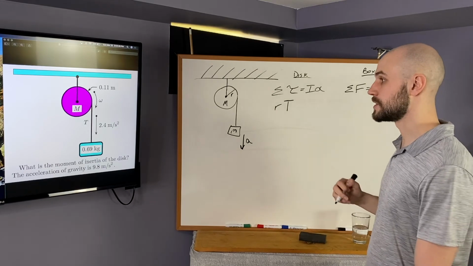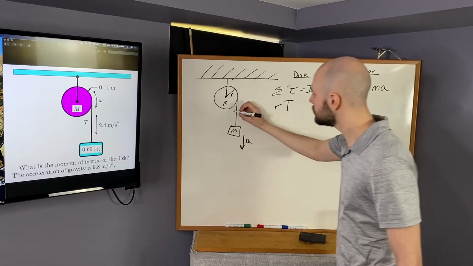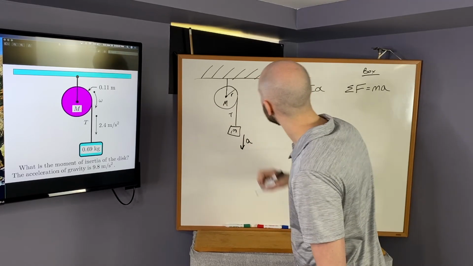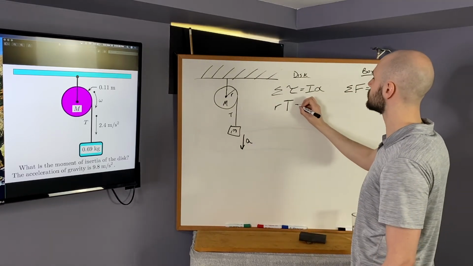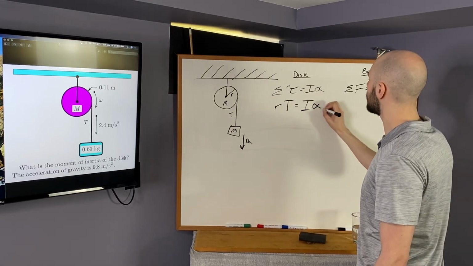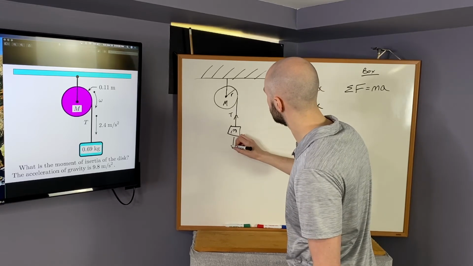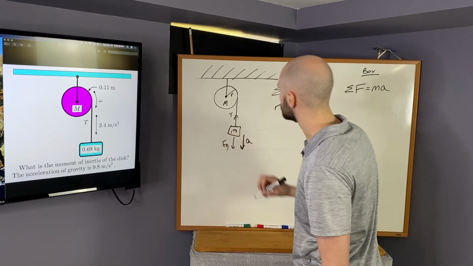We can't set them equal to each other. So R times capital T, which is tension in the rope, that's what we're defining here, is equal to I alpha. So we know that tension is acting up, Fg is acting down.